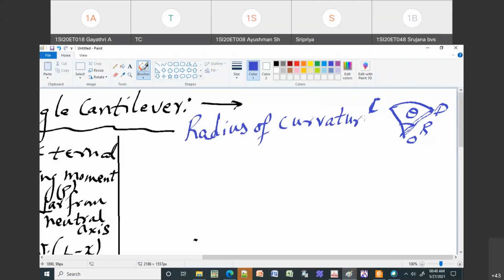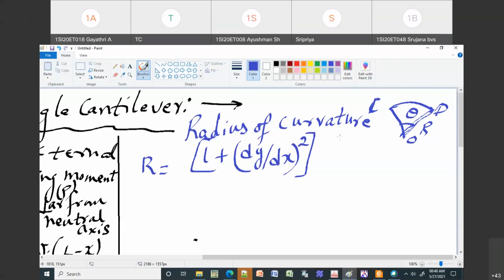Radius of curvature can be written as 1 by R equals... I think you would have done this somewhere in differential mathematics.